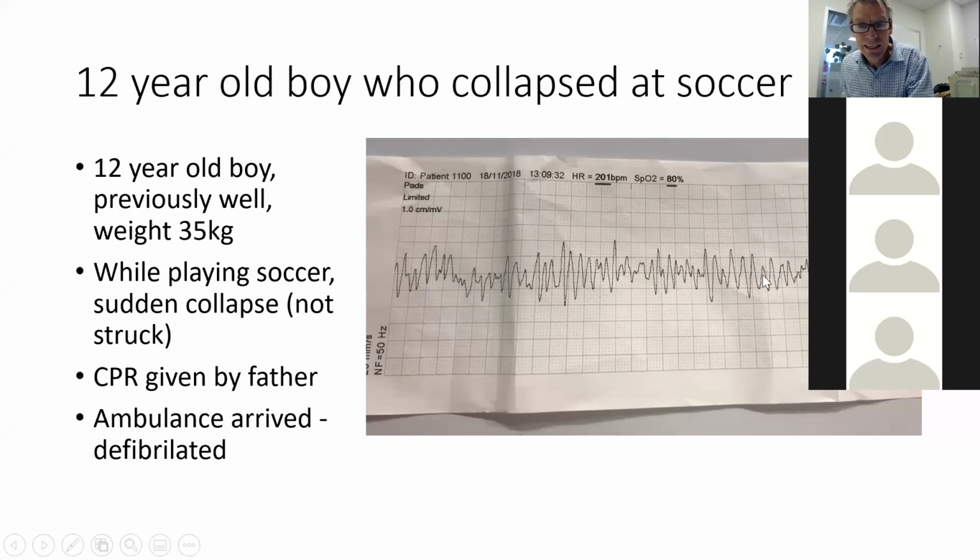Once you've seen this one time, you'll never forget it, because this is the characteristic of torsade de pointes. What's usually the cause of torsade de pointes? Does anyone know? You've heard about it.